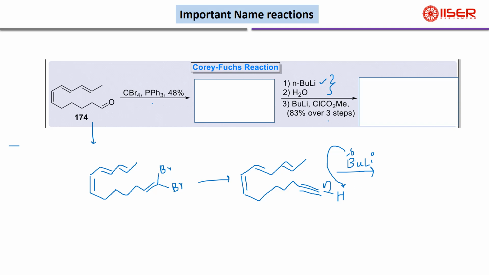After that, this negative charge will attack this carbon center and release Cl minus from the system, generating this as our product. Okay, I hope it's clear.